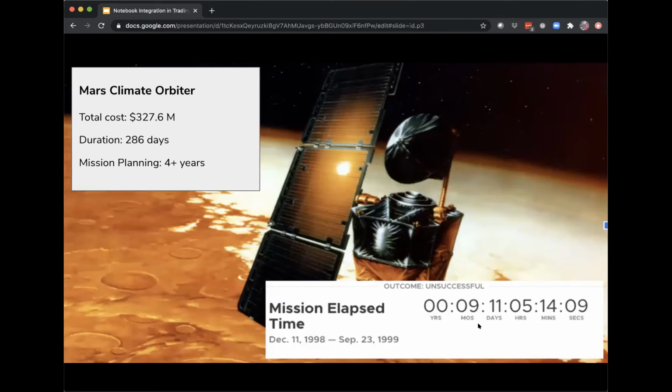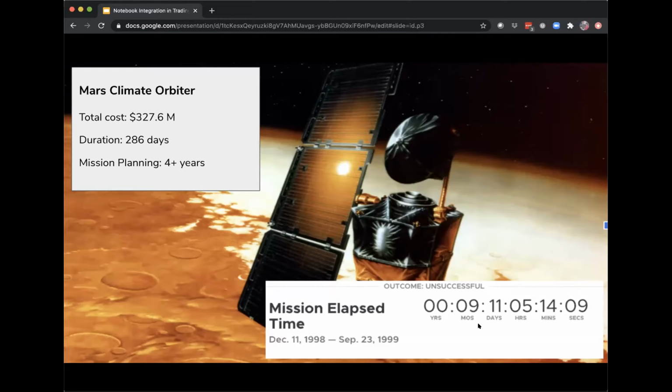Going all the way back to the mid-60s, NASA was interested in exploring and data collection for the planet Mars. 9.5 months after planning the launch, the Mars Climate Orbiter was scheduled to begin the process of establishing an orbit around Mars. And the plan was to use a technique called aerobraking to reduce the velocity and slowly move into the Martian atmosphere.